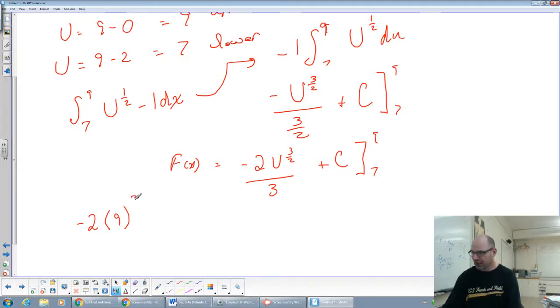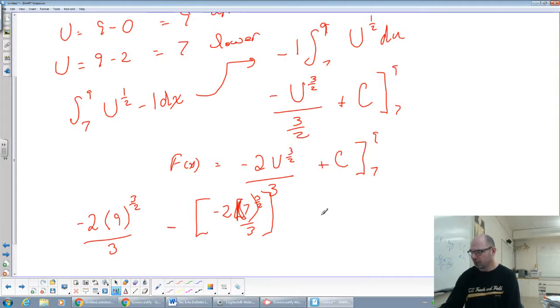So this is 9 to the 3/2 over 3, minus negative 2 times 7 to the 3/2 over 3. Sorry about that square bracket I was using, that's a round bracket.